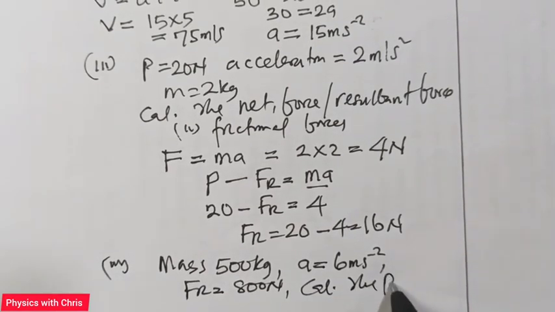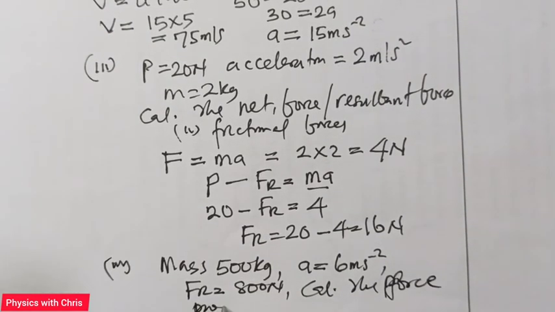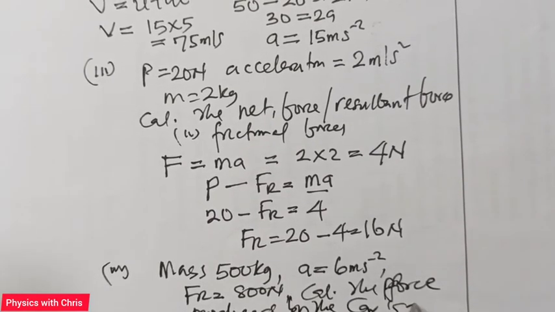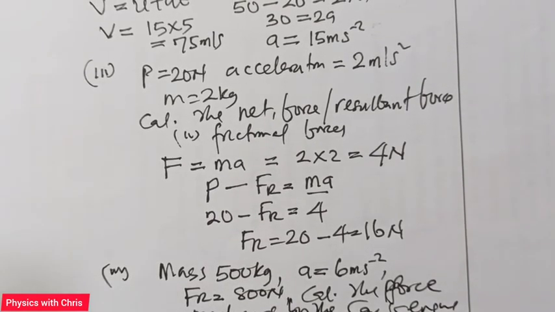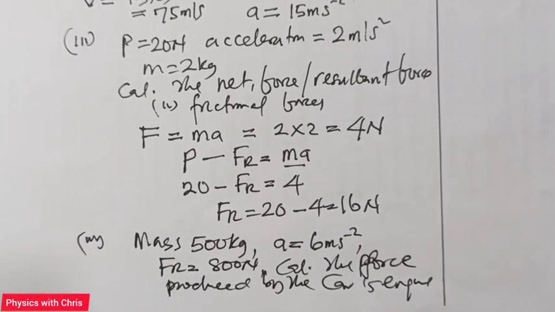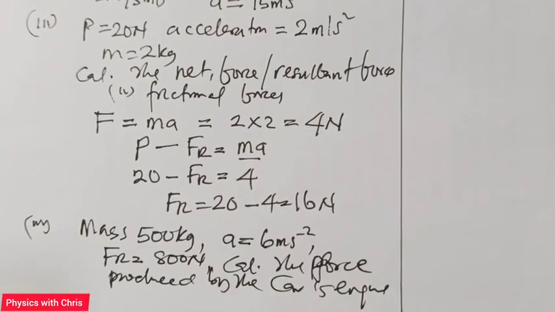You are told that the mass of the car is 500 kg, the car is given an acceleration of 6 meters per second squared, and a frictional force of 800 Newton acts on the body. What is the force produced by the engine of the car?